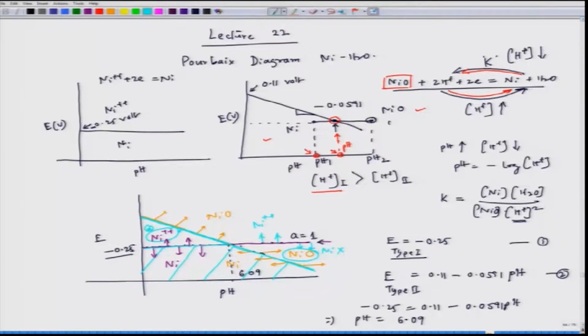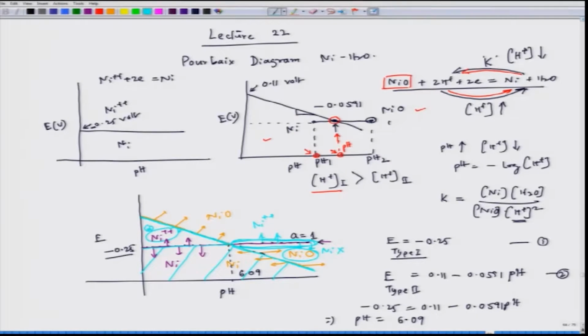So, this particular region of the line should not exist, because that line indicates the equilibrium between Ni and Ni plus plus, but in this particular zone we have NiO after seeing the type 2 reaction.